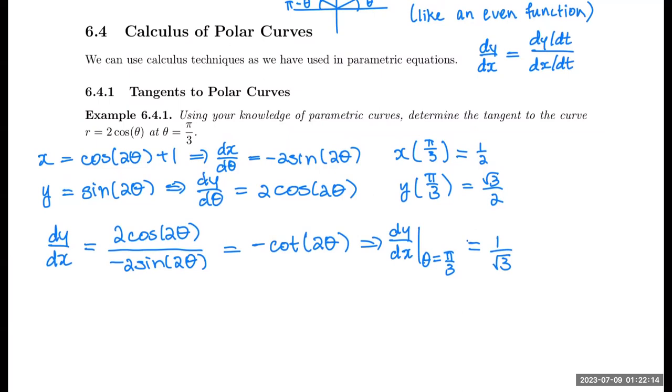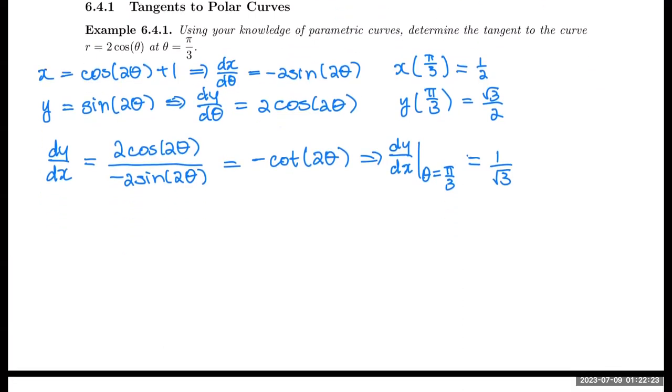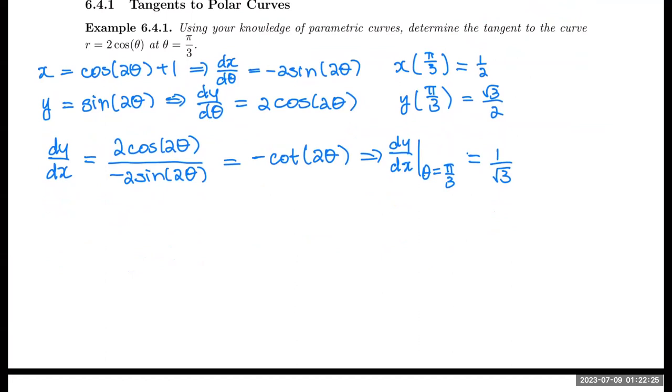All right. So now if we want to find the equation of the tangent, we have to put this in slope form. So remembering that y minus y0 equals m times x minus x0, where x0 is 1/2 and y0 is root 3 over 2, we could just go ahead and put the values in.